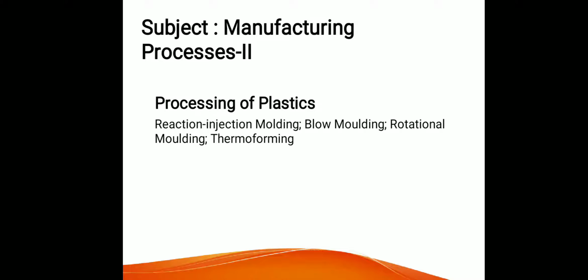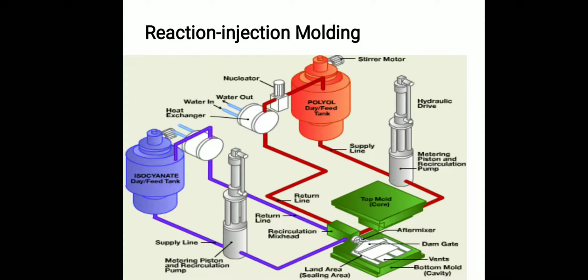It includes reaction injection molding, blow molding, rotational molding, and thermoforming process. So, the first process is the reaction injection molding process. It is short-formed as RIM, and it involves the mixing of two highly reactive liquid ingredients and injecting the mixture into a mold cavity where chemical reactions leading to solidification occur.